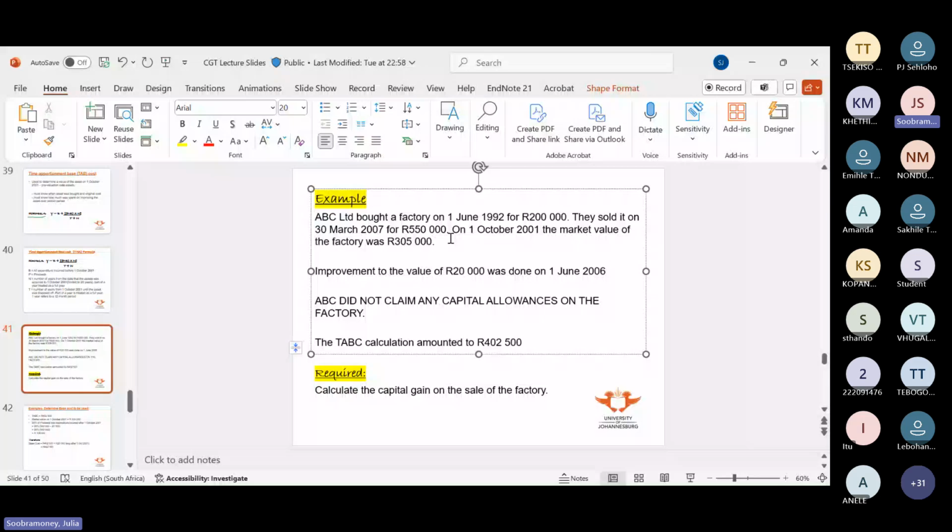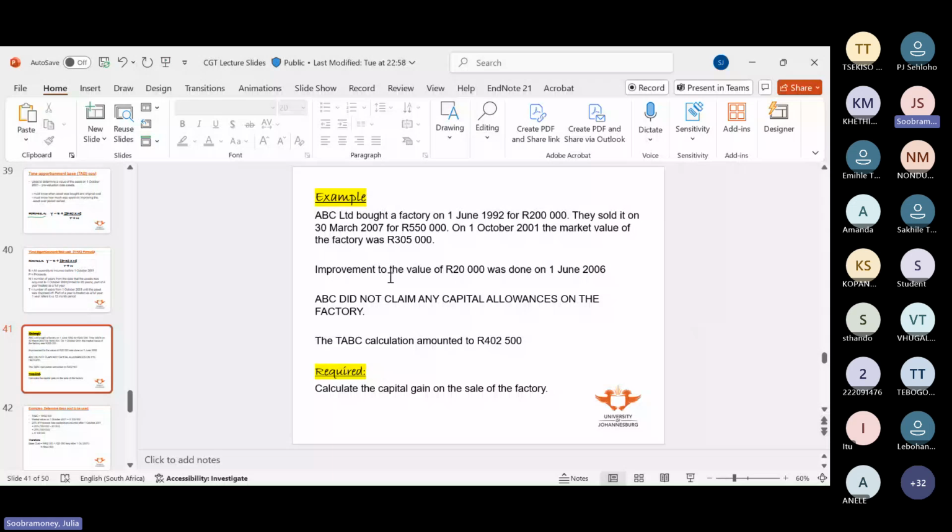So can you see I already give you the market value? Then it says improvements to the value of 20,000 was done on 1 June 2006. That means we had improvements after 1 October 2001. ABC did not claim any capital allowances on the factory, so it's not a depreciable asset for tax purposes.